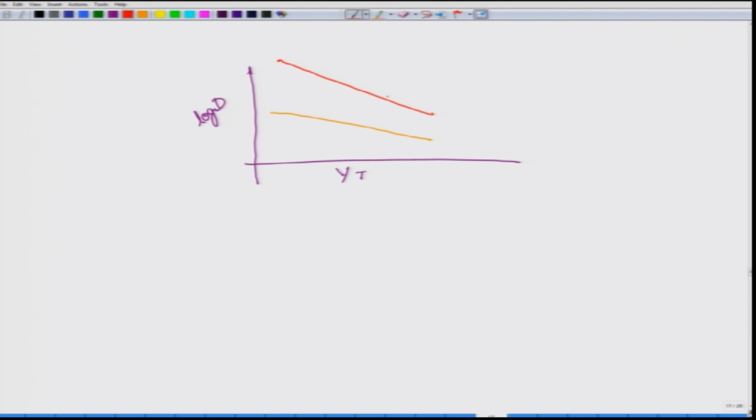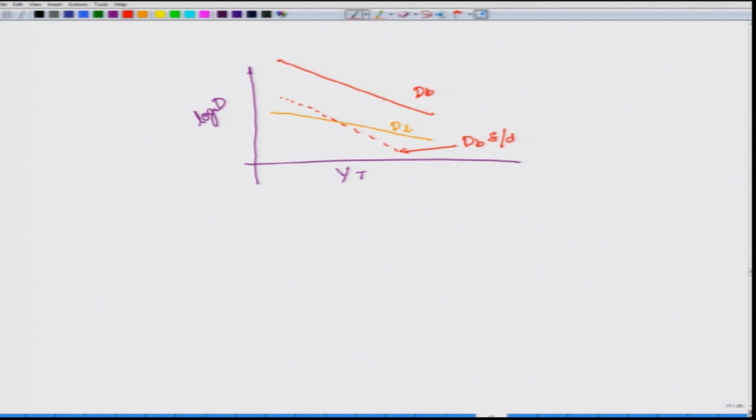Now, this grain boundary diffusion, so this is dB, this is D lattice. Now, this dB will multiply the factor delta by D, and therefore, it will become something like this. So, now this is dB into delta by D. Now, you can see that there is a particular temperature beyond which this boundary diffusivity is higher.